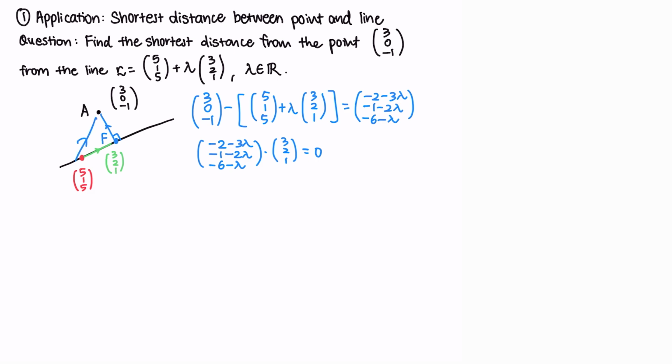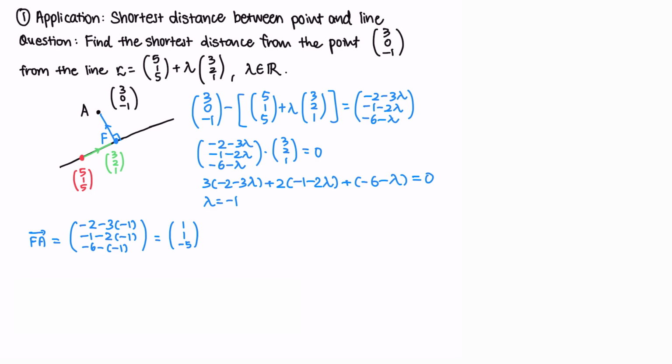What's this trying to say? We have all these vectors, we are trying to find the specific value of lambda where this is perpendicular. And hence, for one specific value of lambda, this works, and this is finding our vector AF or FA. So if we evaluate the dot product and do our algebraic manipulation, what we should get is lambda equals negative 1.